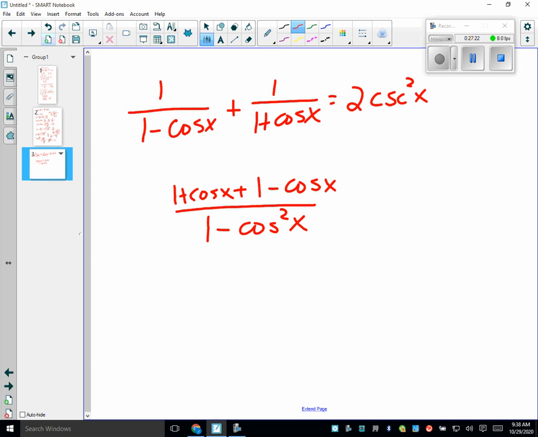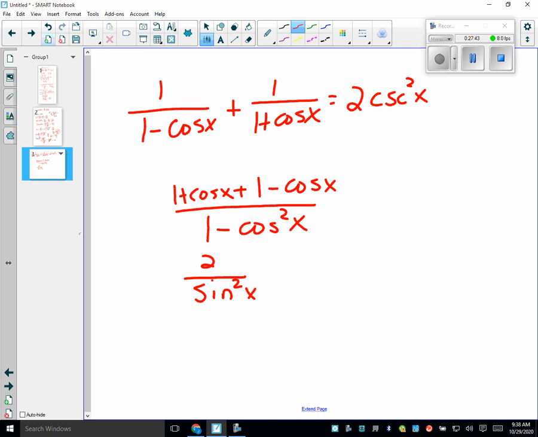Change it to what? Sine squared x? Yeah. So what's in my numerator? 2. 2 over sine squared x. Right?